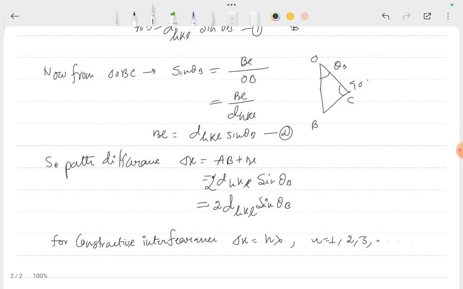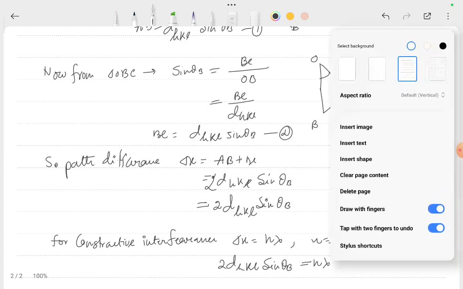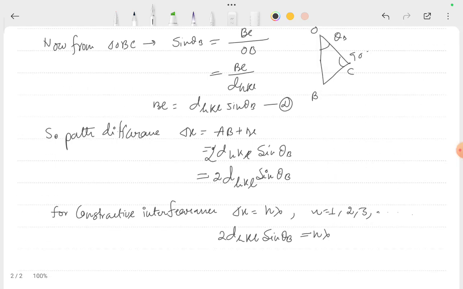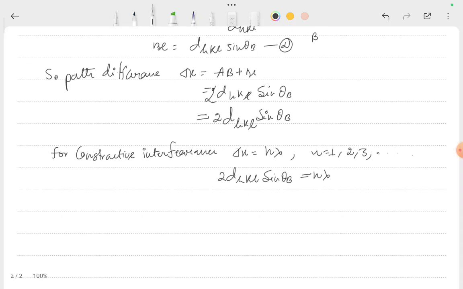So that is equal to 2 d_HKL sin theta_B equals n lambda. Okay, so 2d sin theta_B equals n lambda.